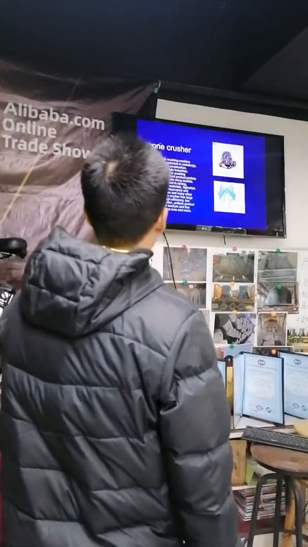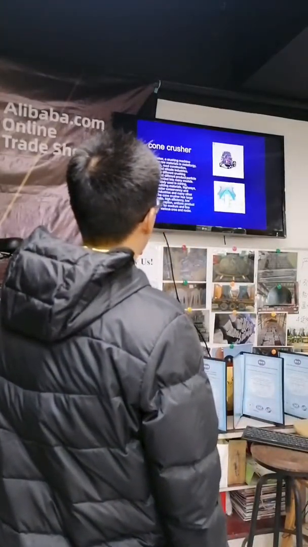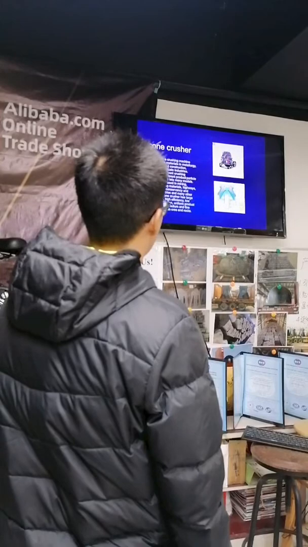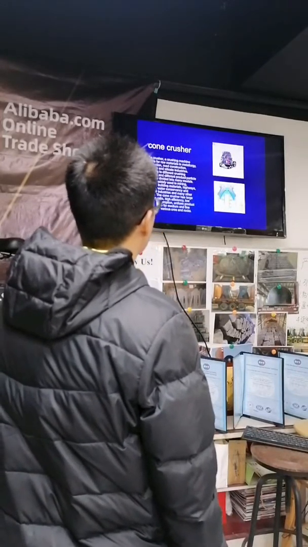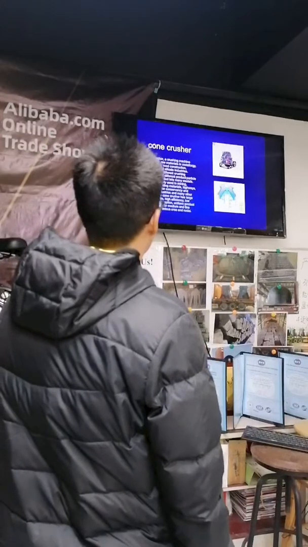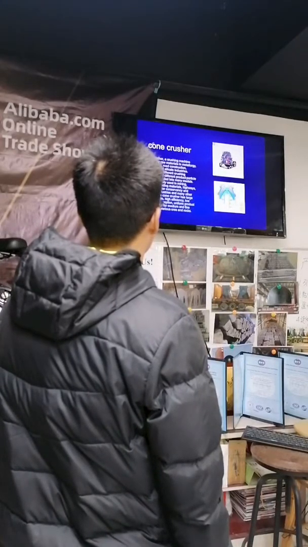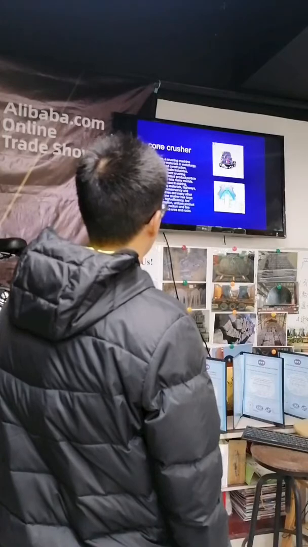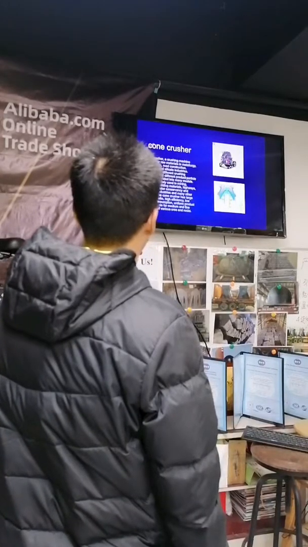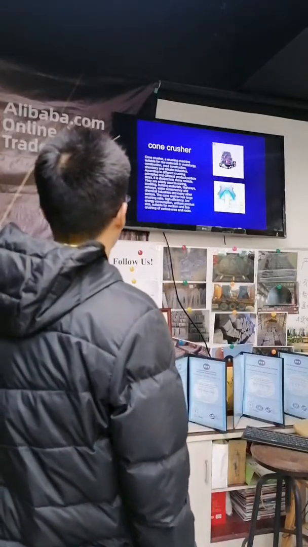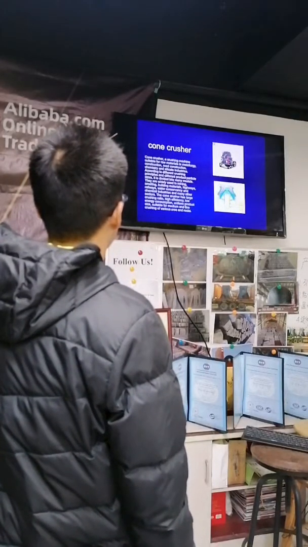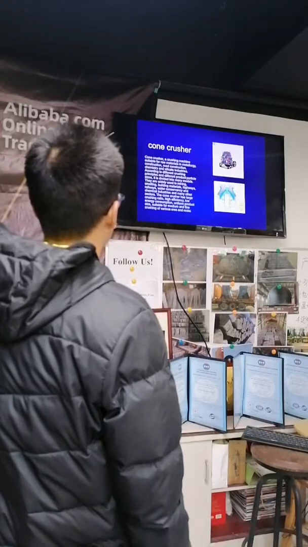So next is cone crusher. These two pictures on the left of the screen show the look and the internal structure of this crusher. It is a crushing machine suitable for raw materials in metallurgy, construction, road construction, chemistry, and chemical industries.